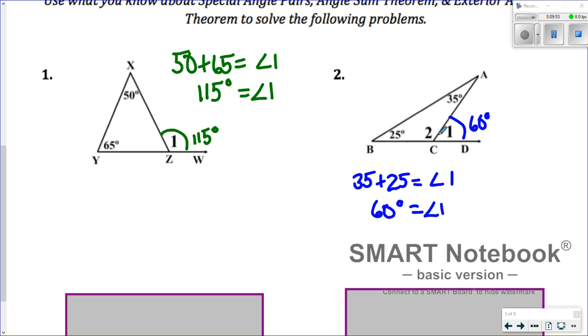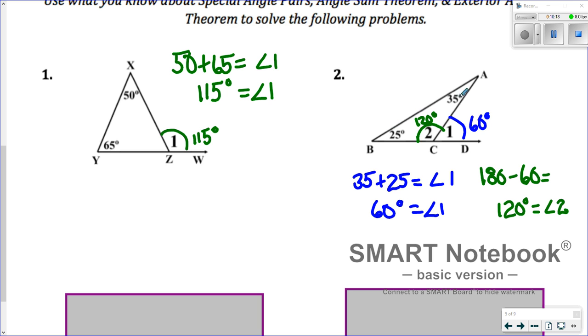What you learn about a linear pair is that if the line is equal to 180, the two angles have to add up to 180. So you're going to use 180 minus 60, and you're going to get 120 for the second angle. And I'm going to put 120.